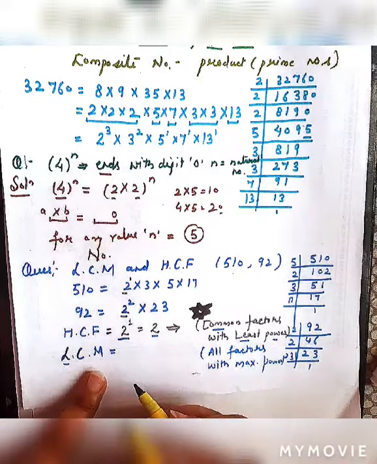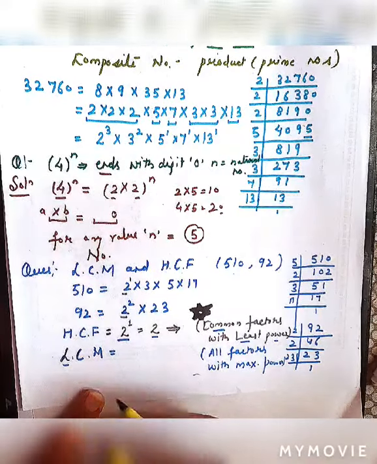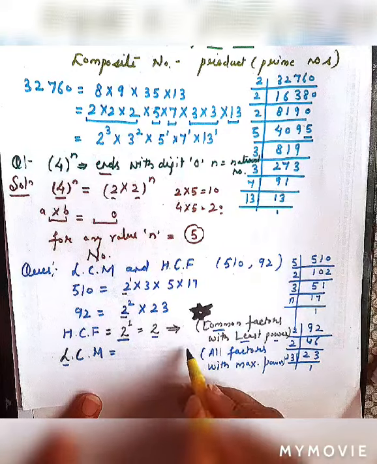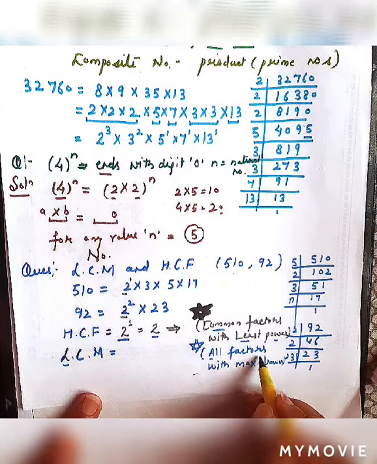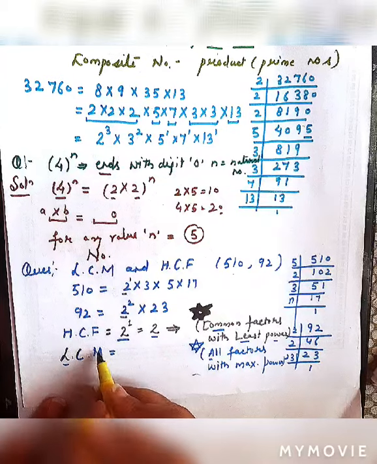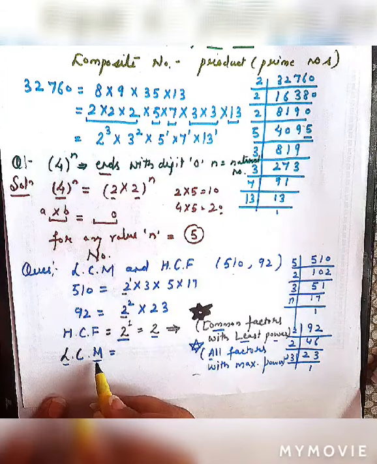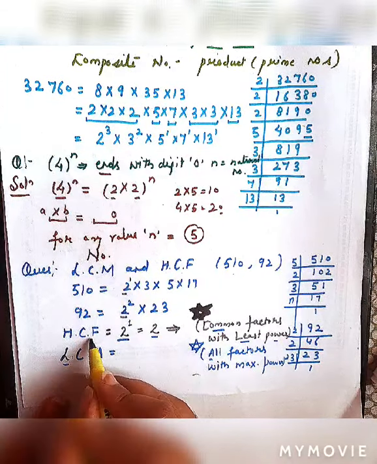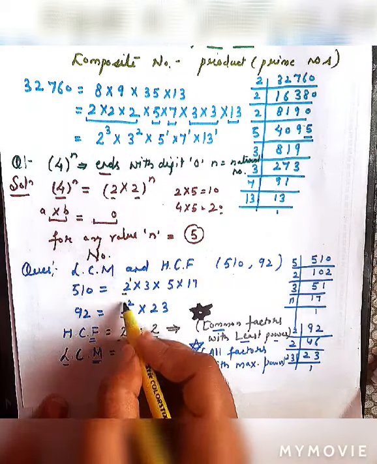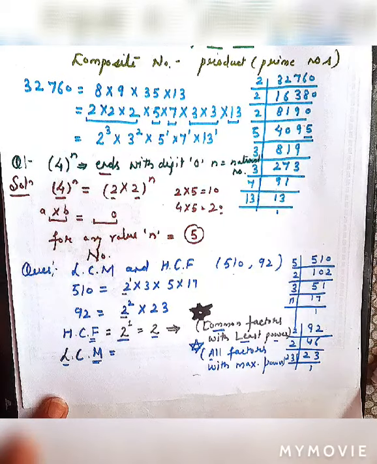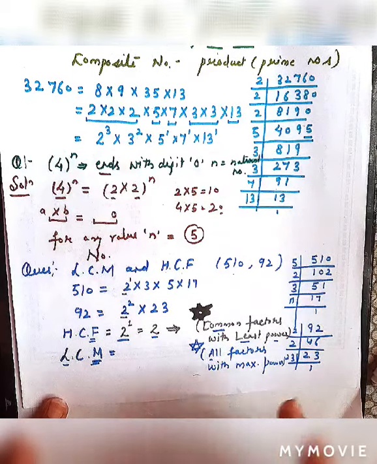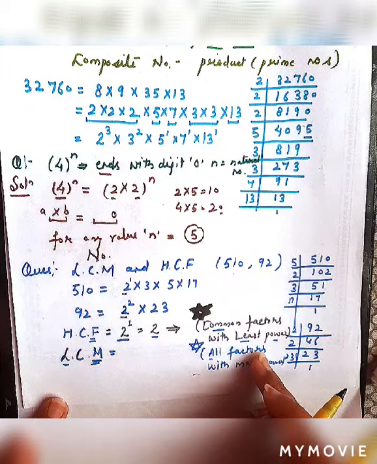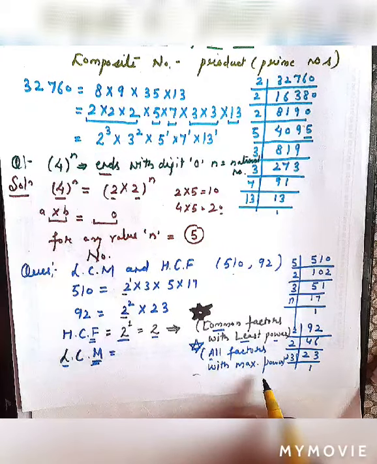Again, least common multiple. What is the least common multiple? This is again a very important formula. We will consider all the factors. It is a multiple, not a factor. For the factor we considered only common things, with least power. This is a multiple, which means multiplying with all, so we will consider all the factors with the maximum power.